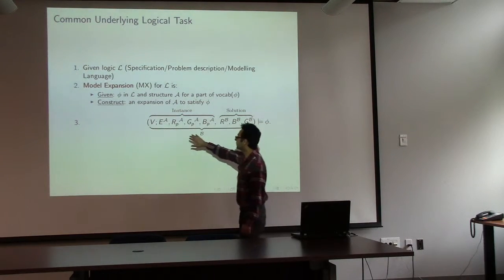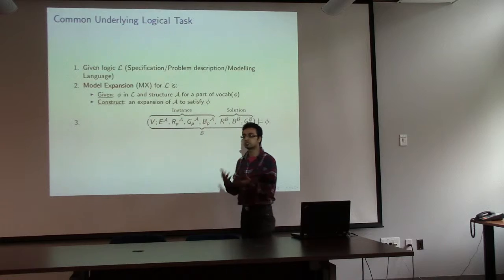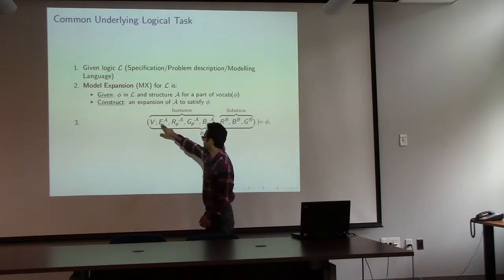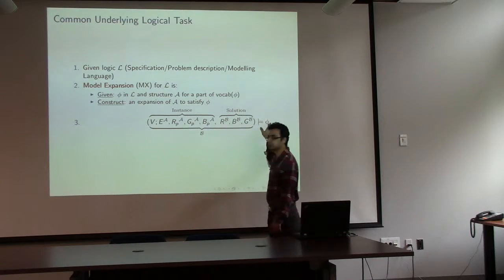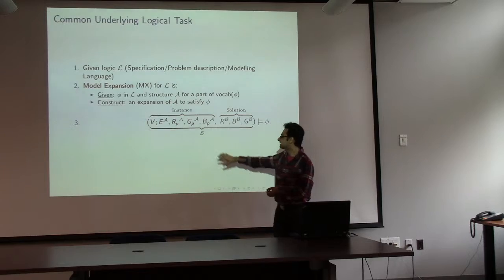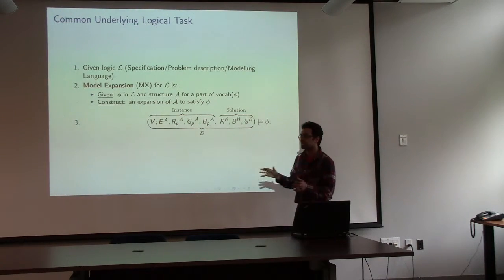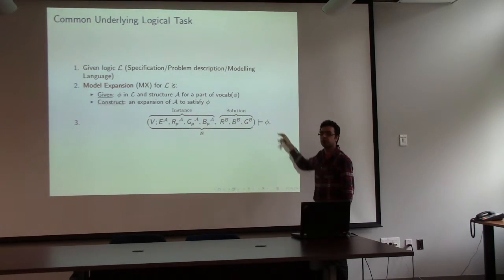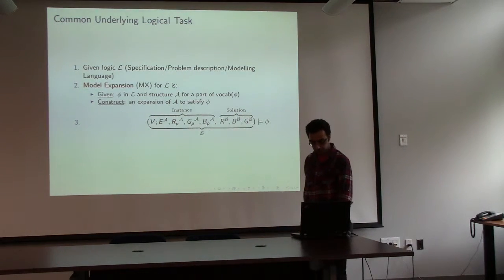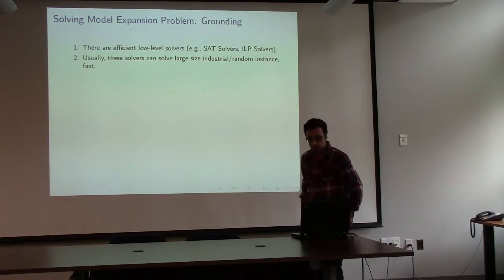So we are looking for a model, a structure, a solution which models phi. It's kind of like logic, but essentially we're looking for a solution which satisfies all the constraints in phi, if you want to look at it in non-logical terms.